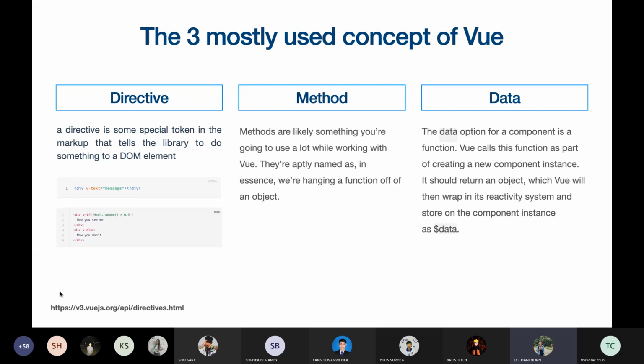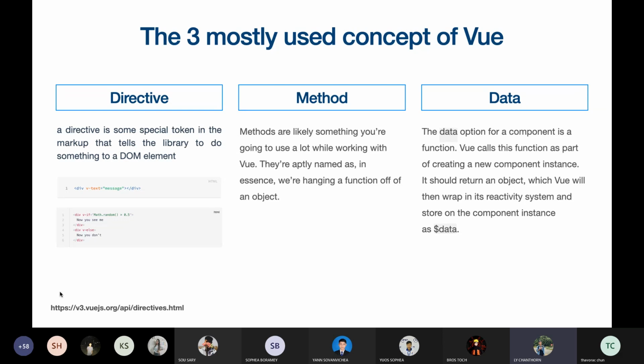And like for v-if or v-for, it's just like when you write if and for in a programming language. But when you write it in a template with Vue.js, you need to use v-if, v-for. It's a bit different. It's kind of a new concept for you, but you will get used to it later. It's quite easy.